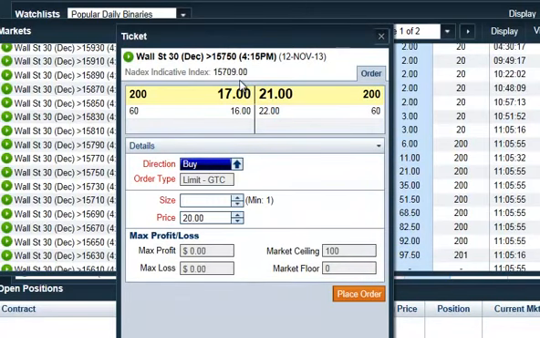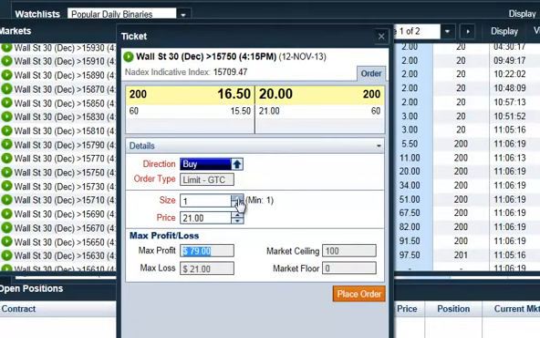Again, I think it's going to move up at least 50, let's just say, and I only have to pay $21 for it. So if I pay $21 for it, in this case, I would make $79 profit, which is almost 400% return on investment for this particular trade.